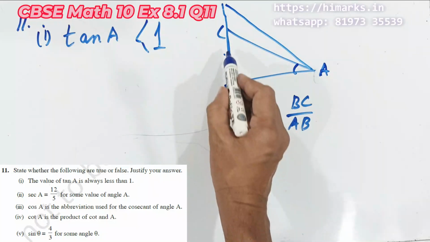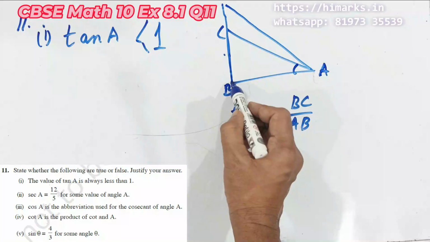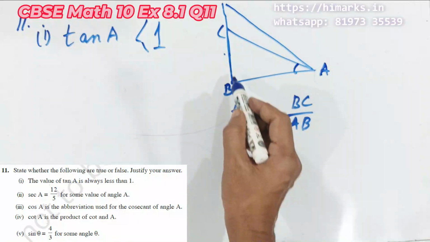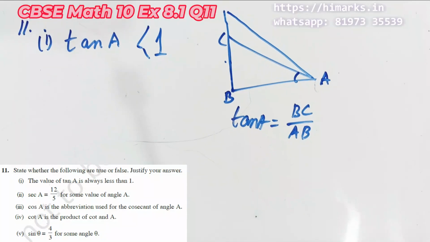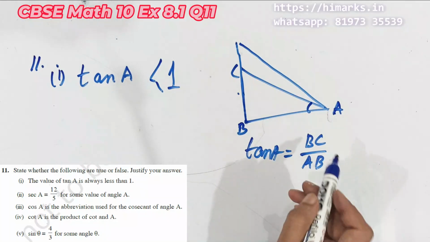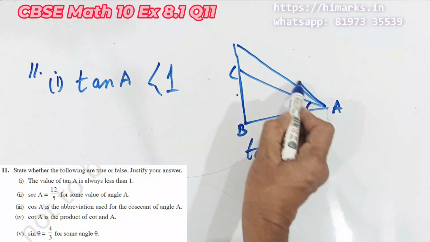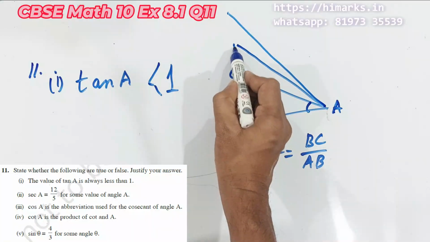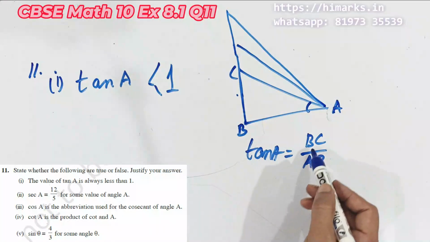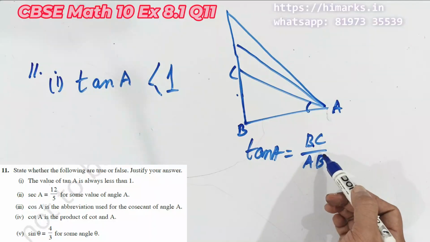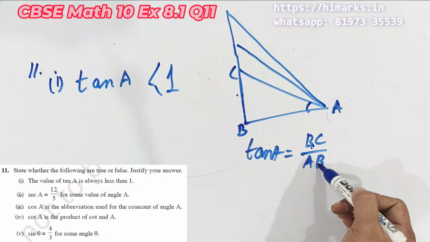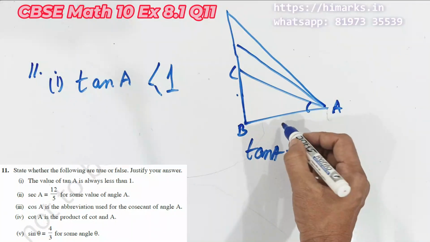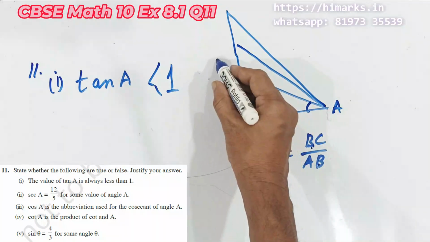Because tan A is BC by AB, the height could be much taller. So this ratio could be very high, it could be double AB. Say for example if AB is 5, BC could be 10 also.